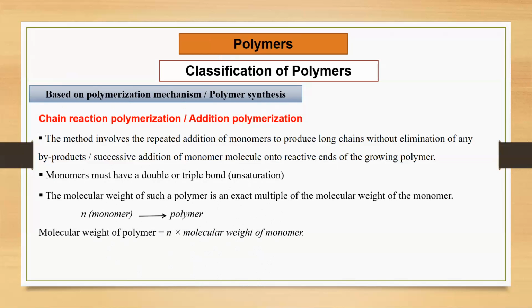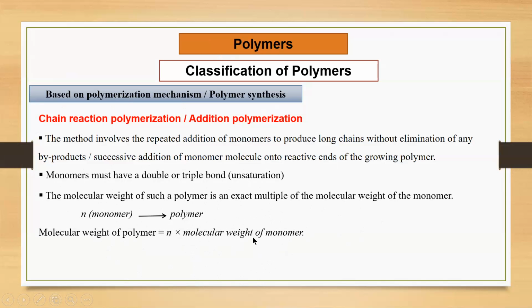The molecular weight of such a polymer is an exact multiple of the molecular weight of the monomer. In a way, if n number of monomers have joined together, the molecular weight will be n times the molecular weight of a monomer.